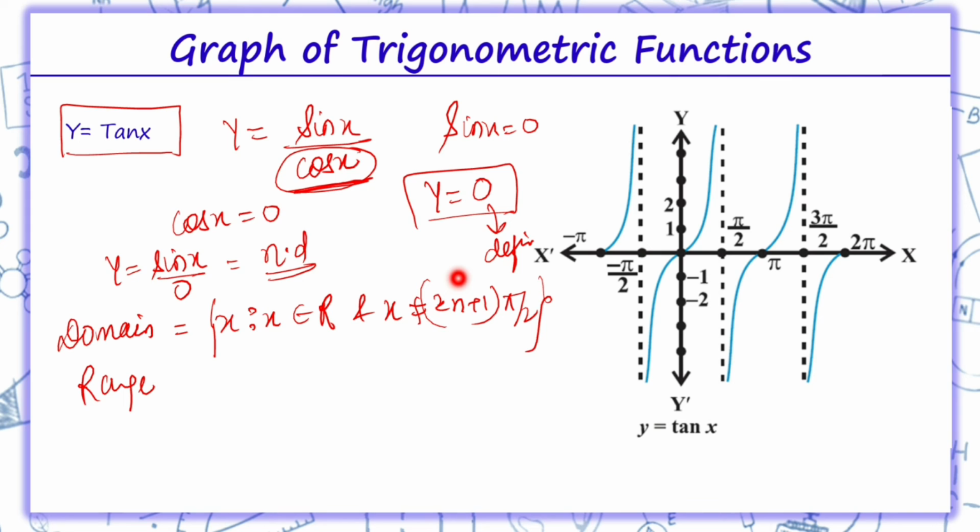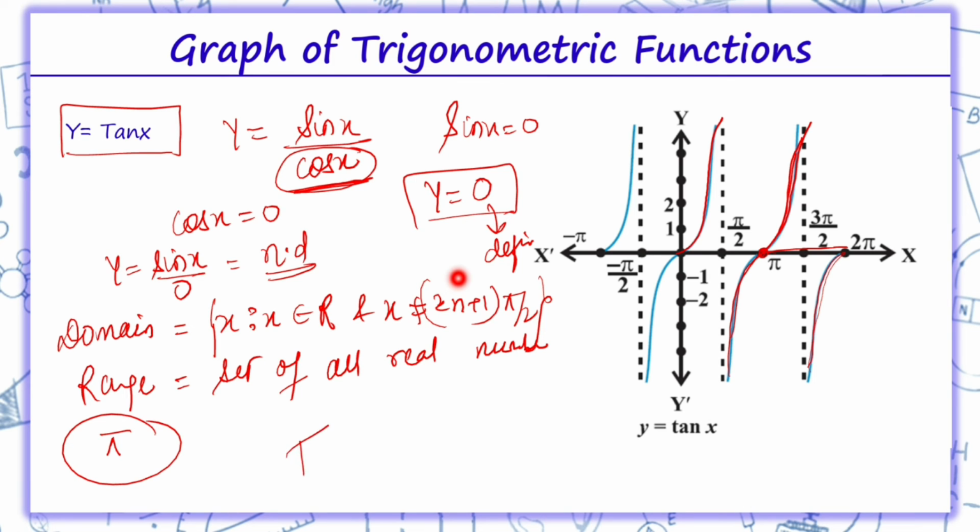If we see the range, we are getting all values, as we can see in the graph. So the range is the set of all real numbers. Now if you see this graph, these curves, this curve and then this curve, are repeating after an interval of pi.